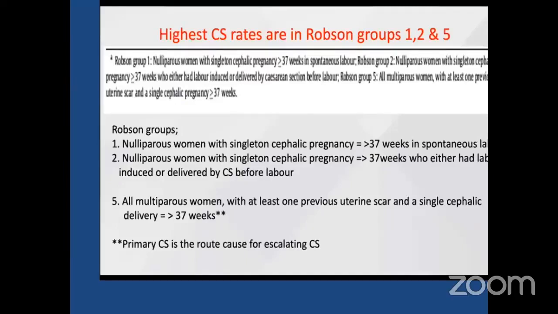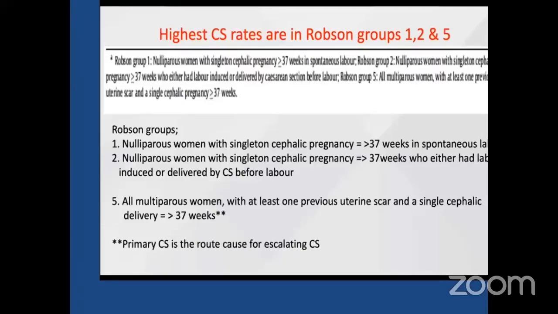And the fifth group is all multiparous women with at least one previous uterine scar and a single cephalic presentation of more than 37 weeks. So audits have found that these three groups have the highest cesarean section rates.